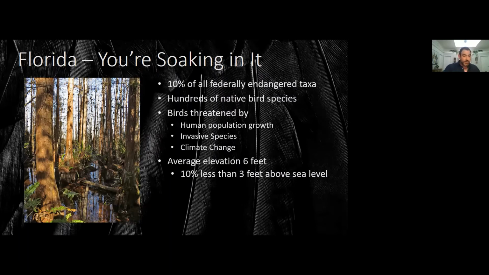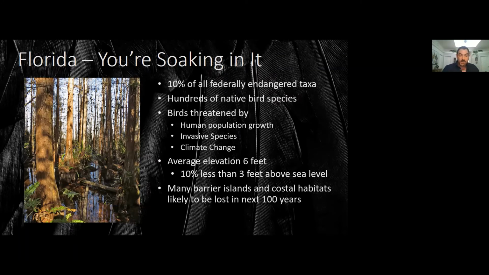And if you think about Florida's topography, the average elevation is 6 feet above sea level. 10% of it is less than 3 feet above sea level. So as the sea level continues to rise, and a conservative model says that we'll experience 2 to 3 feet of sea level rise by 2100, you're looking at a lot of those barrier islands and coastal habitats that are likely to be lost in the next 100 years.